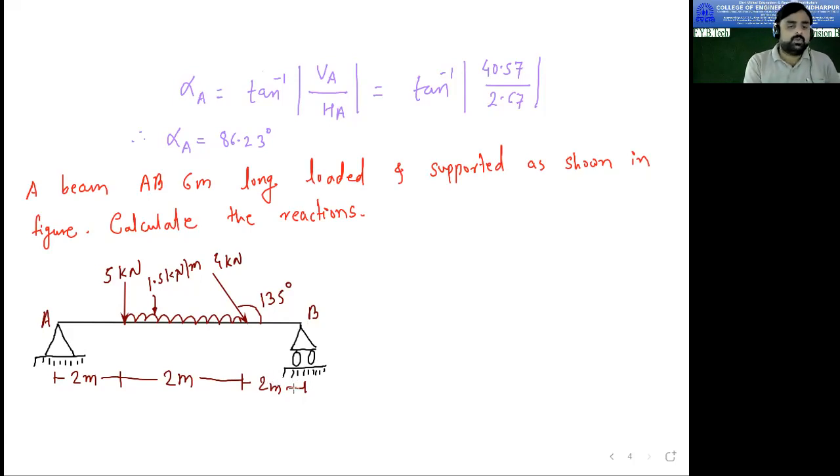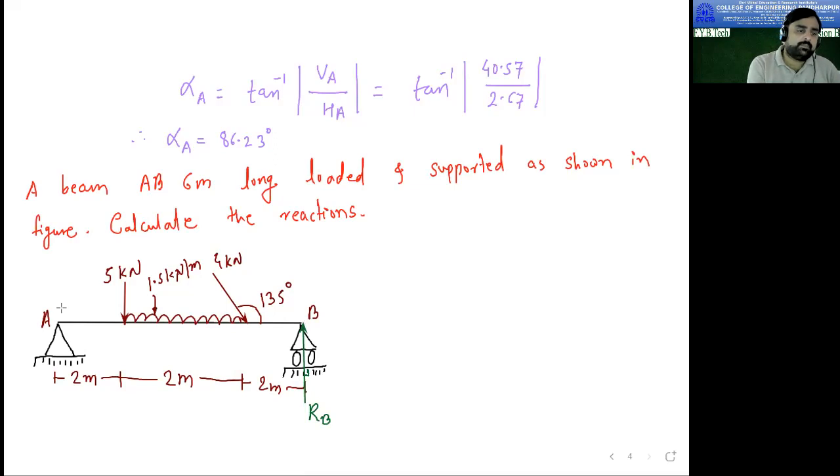One. One reaction, and that reaction will be perpendicular to the surface. So I will draw this reaction over here at point B. This is the reaction RB. Only one reaction is there, so there is no need to find the resultant of the reaction.